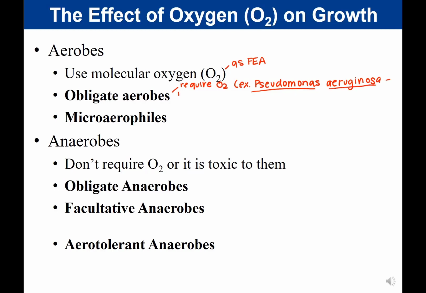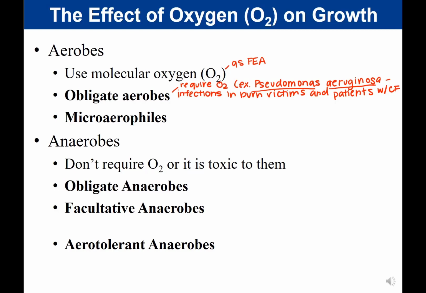And Pseudomonas aeruginosa causes infections in burn victims and patients with cystic fibrosis, which we will abbreviate CF. So Pseudomonas aeruginosa causes infections in burn victims, and in fact, it's the leading cause of death in burn victims.